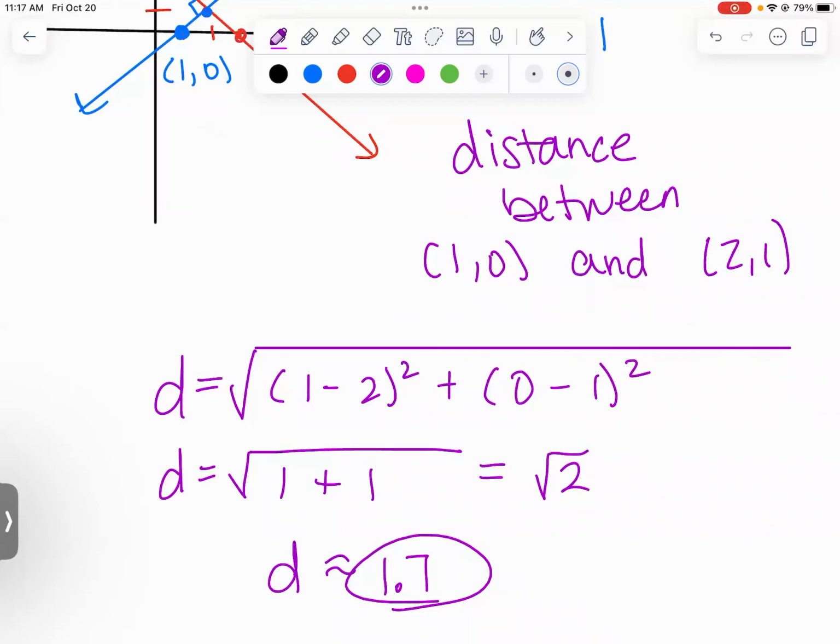Wait, isn't 1.4 times 1.4 approximately 2? Weird, right?